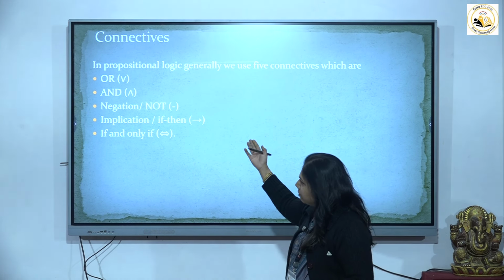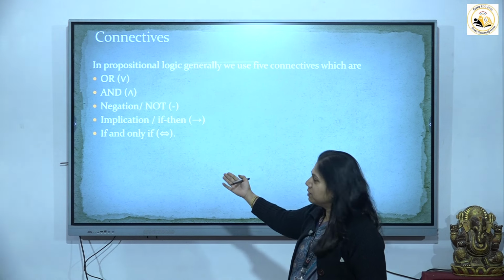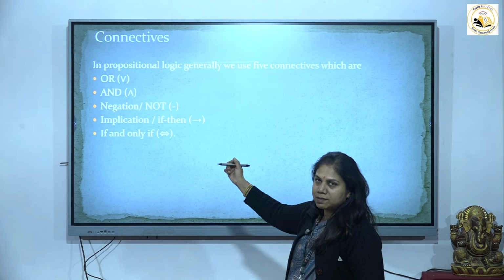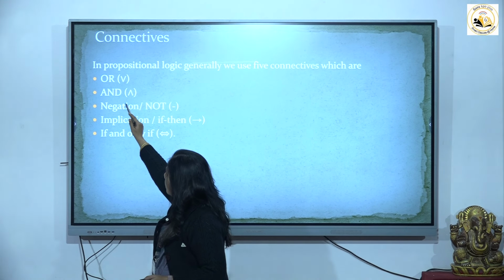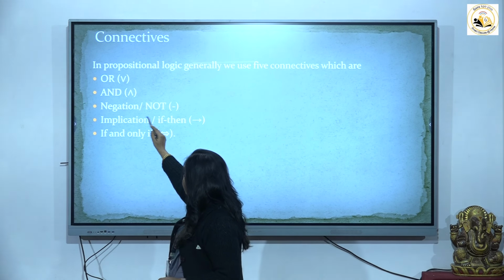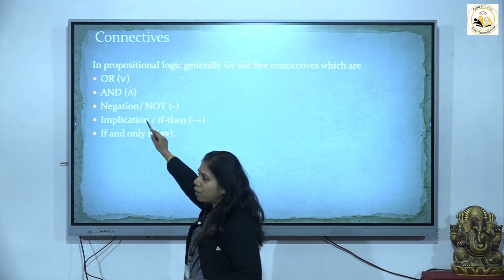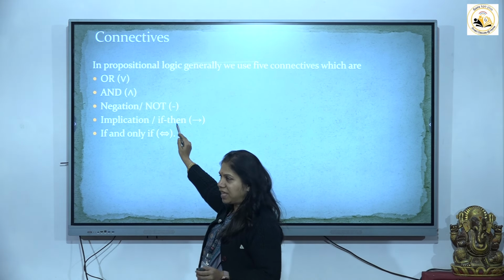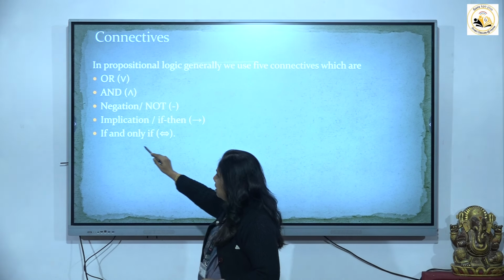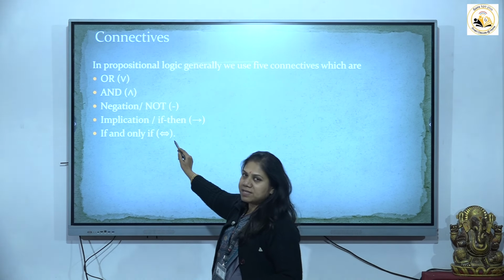So, we have these 5 connectives. First is OR, symbol is down arrow and up arrow; negation, wave or not; implication means if then, arrow symbol; if and only if, double sided arrow.